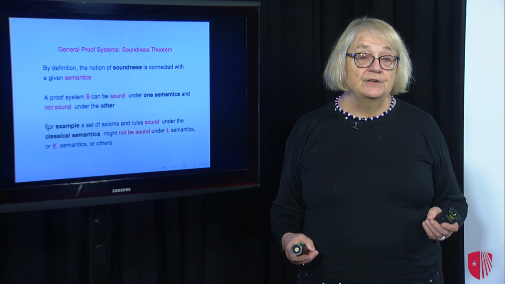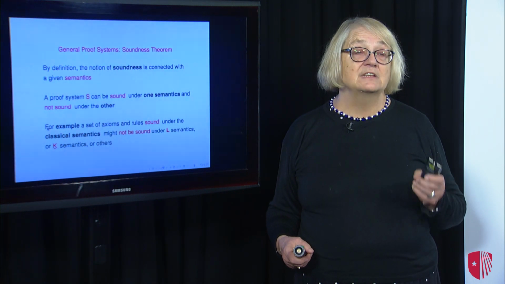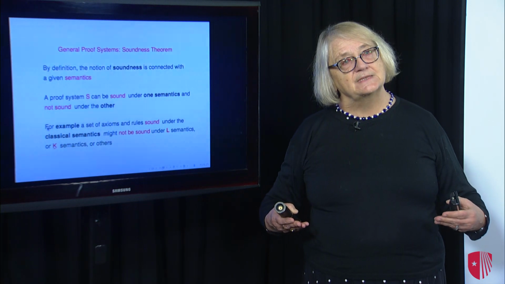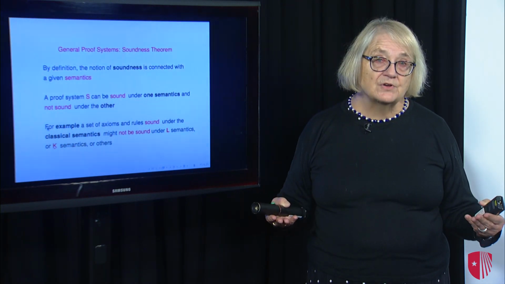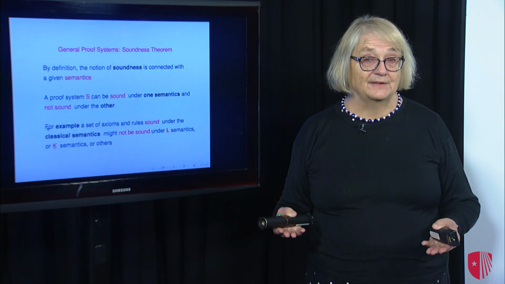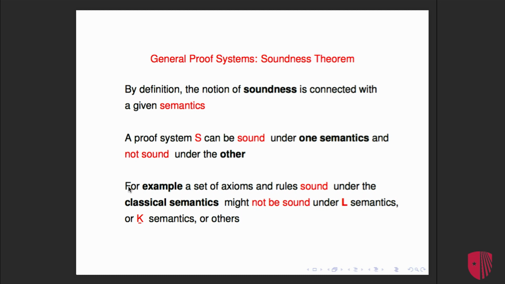By definition, the notion of soundness is connected with the given semantics. And you will see that some proof systems can be sound under one semantics and not sound under another semantics. Of course, when you do mathematics and you do things in your head, and you do proving, the proofs are not formal proofs, and everything happens under classical semantics.